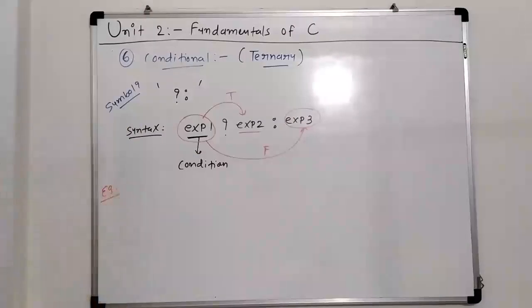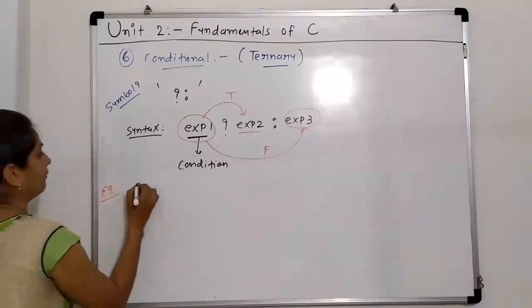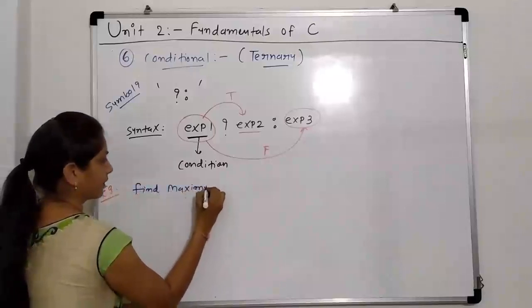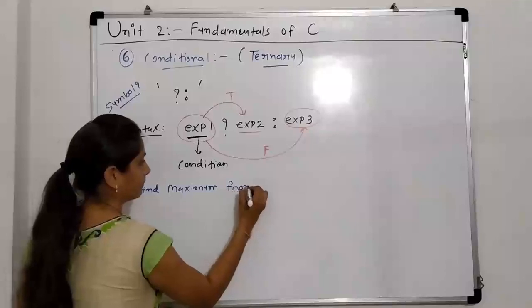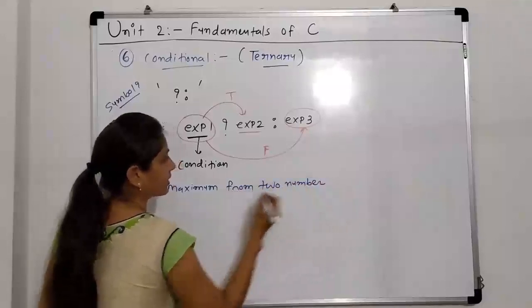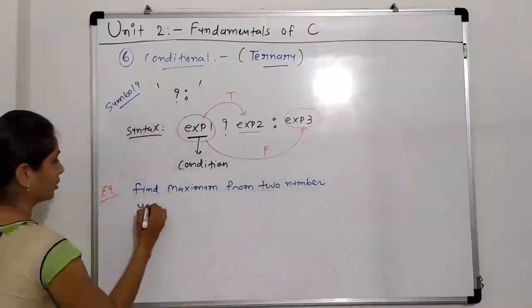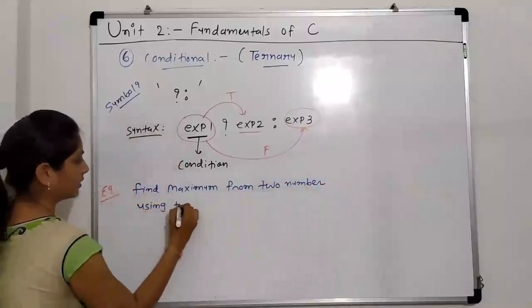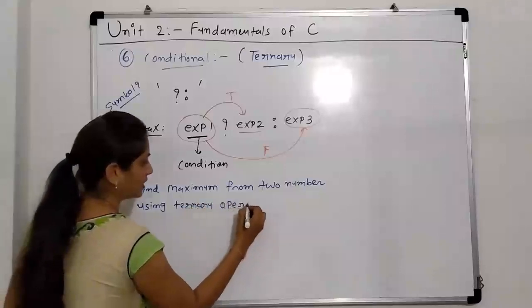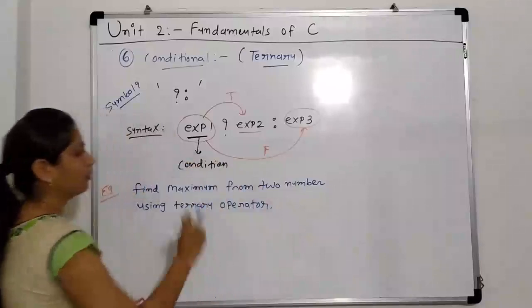The example is to find the maximum from two numbers. This is already completed, but now using the ternary operator, or we can say using the conditional operator.